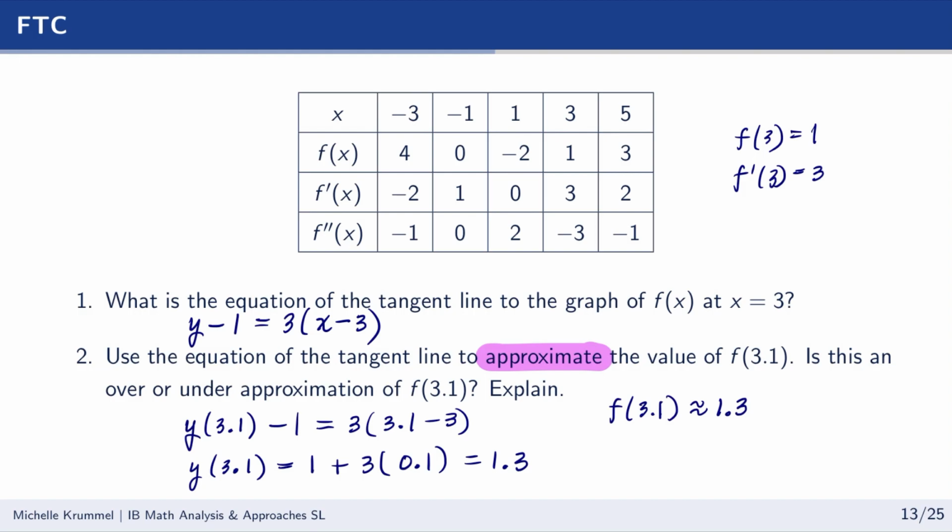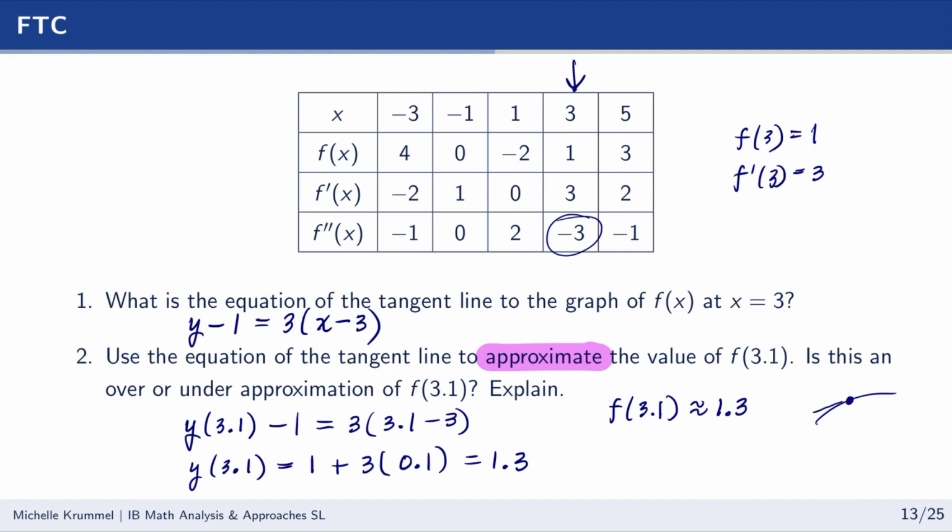Well, I don't know if we can say for certain, but at x equals 3, the second derivative is negative, which means that f is concave down at x equals 3. Okay, so at x equals 3, the graph of f is concave down.